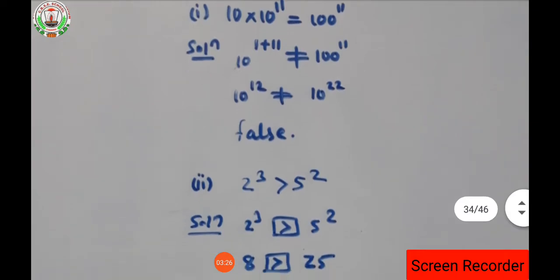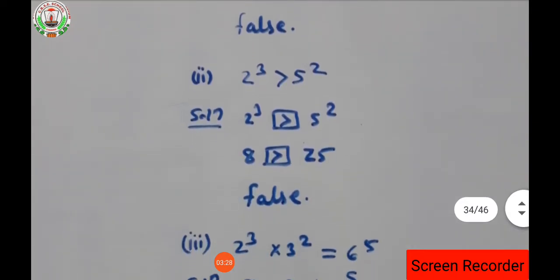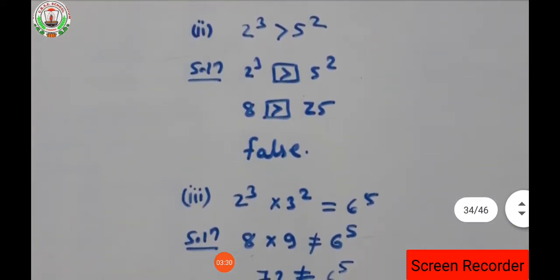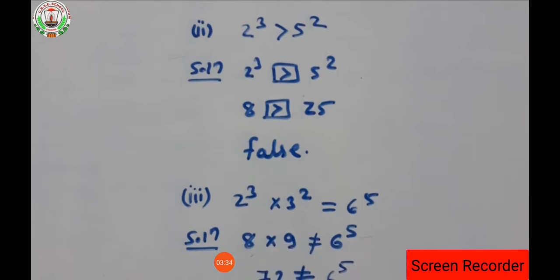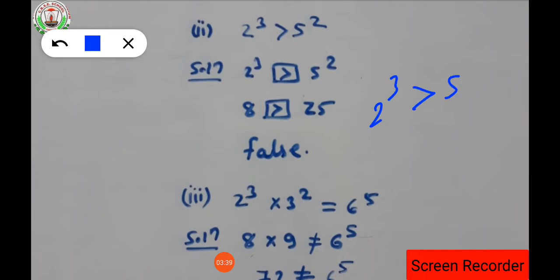Clear everyone? Now in the same way, the second part of question number 3. What is here in the second part? We have 2 to the power 3 is greater than 5 to the power 2. It is asked whether 2 to the power 3 is greater than 5 to the power 2 or not. So 2 into 2 into 2 is how much? 8, isn't it?